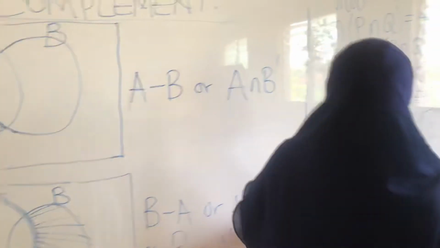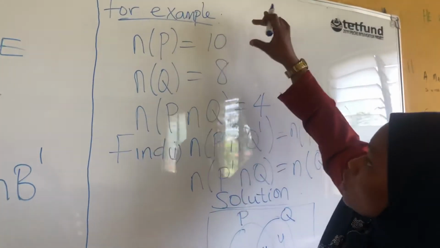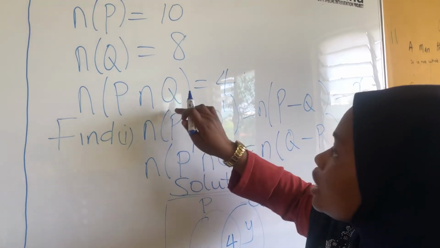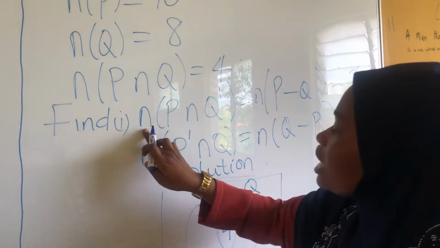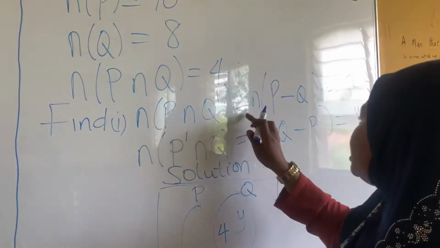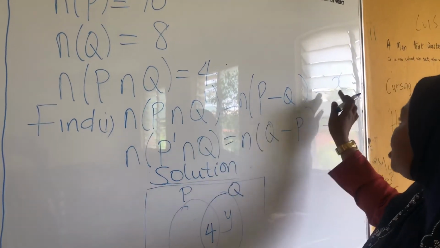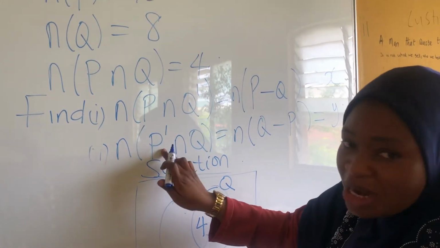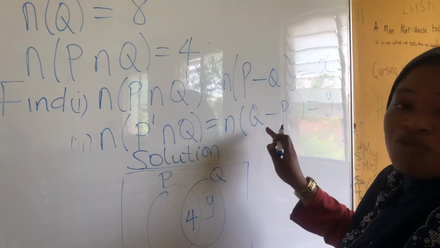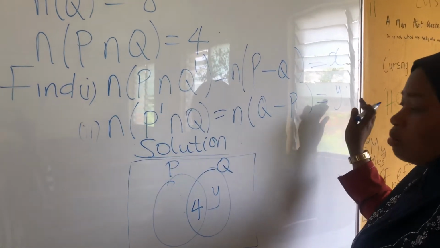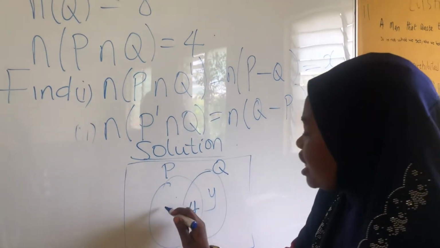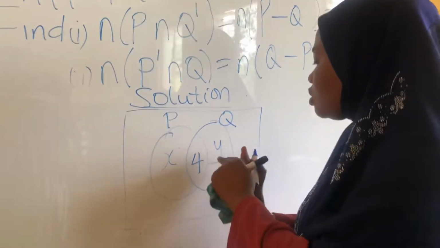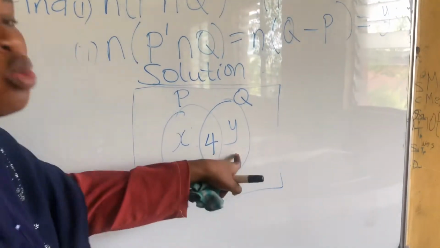For example, if the cardinality of P is equal to 10, the cardinality of Q is equal to 8, and the cardinality of P intersects Q is equal to 4, find the cardinality of P intersects Q prime, which is the same thing as the cardinality of P minus Q. Let's represent it with X. Number 2, find the cardinality of P prime intersects Q, which is the same thing as the cardinality of Q minus P. Let's represent it with Y. So X will be those elements that do not have anything to do with Q, and this Y will be those elements that do not have anything to do with P.